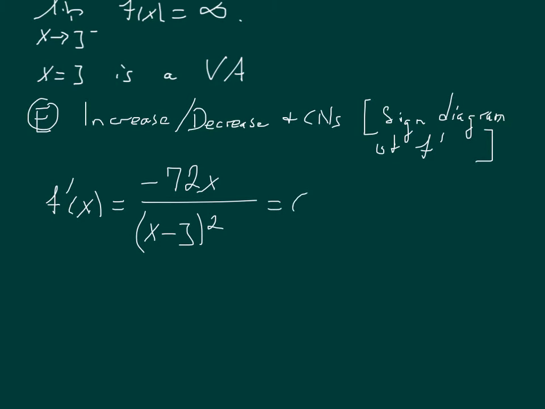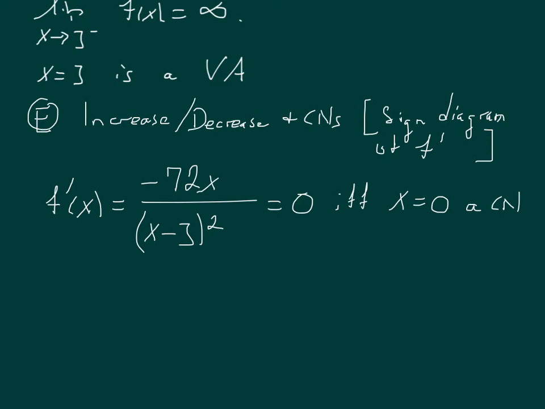We're looking for where this is 0 and where it doesn't exist. This is 0 exactly when the numerator is 0, and that's going to happen when x is 0. Because 0 is in the domain of f, that means 0 is a critical number. All right, so 0 is a critical number.